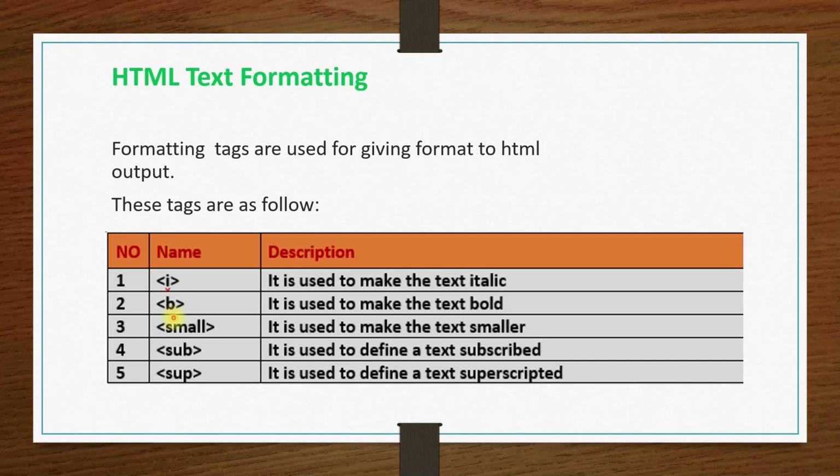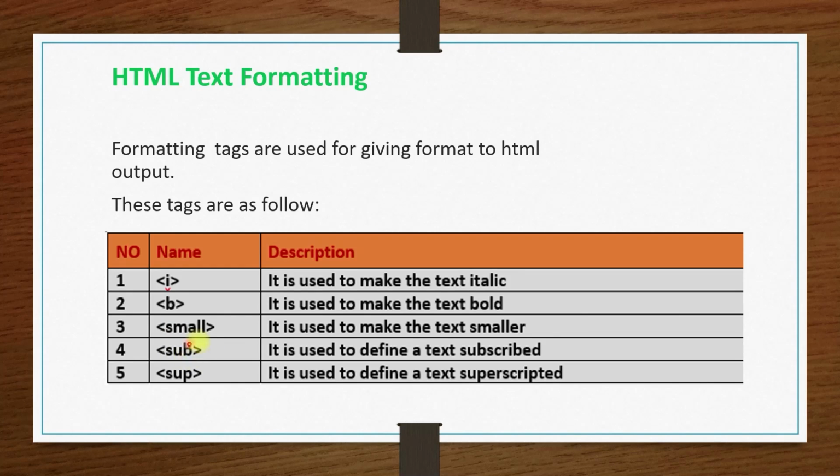And when you put your text inside B tag, it causes your text to be changed to what? To bold text. And when you put your text inside a small tag, it causes the size of your text to get smaller than other texts. And sub is taken from subscript.